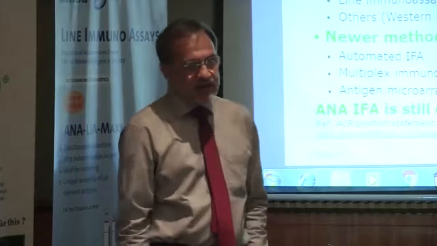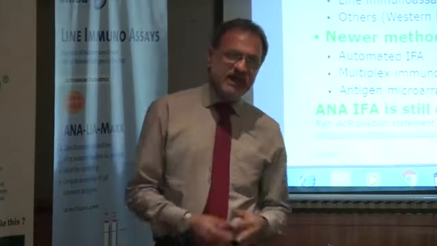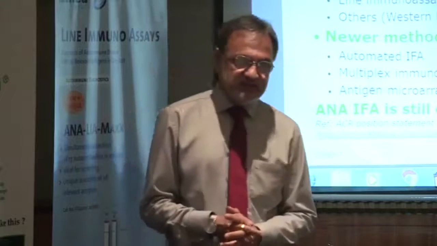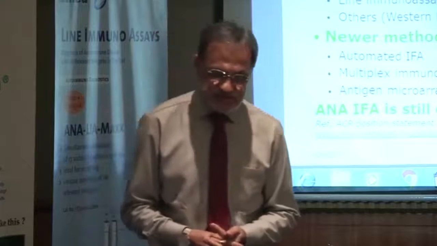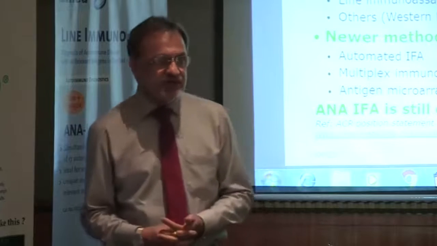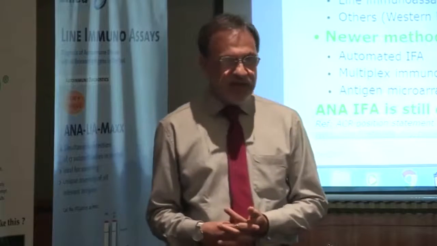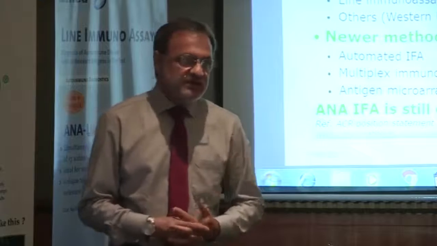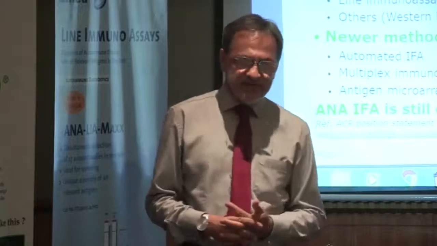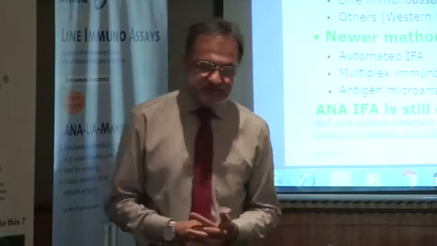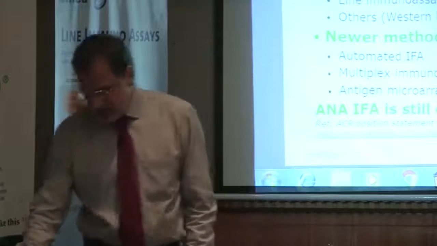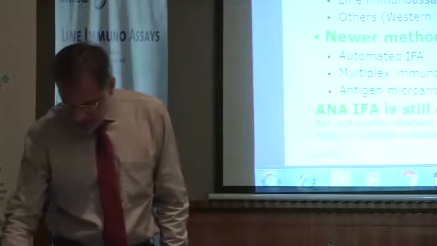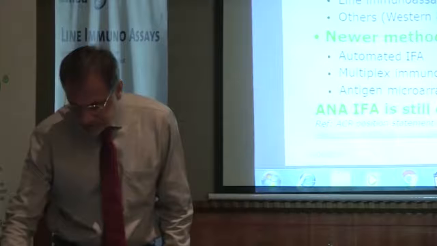Okay, and its position has been strengthened, probably re-established, by the position statement from ACR, which was released in 2009, and it says the ANA by IF should still continue as the gold standard. Okay, so that is the position statement of the American College of Rheumatology, 2009.